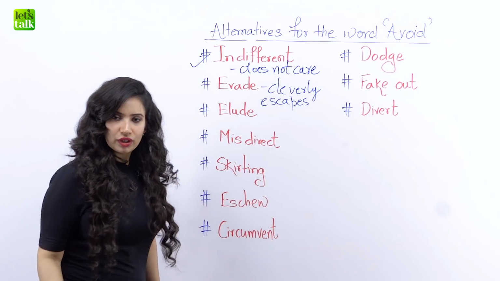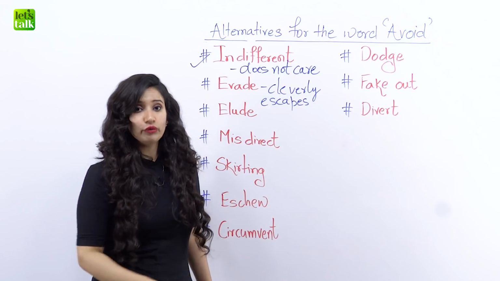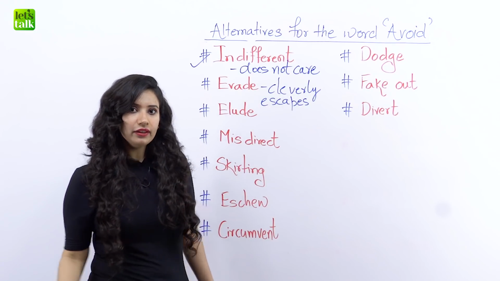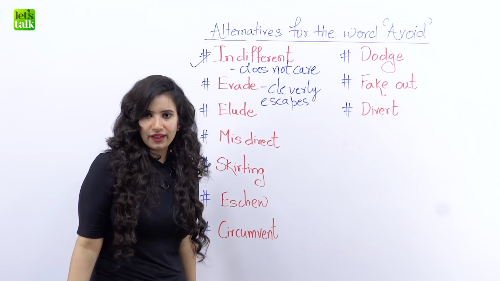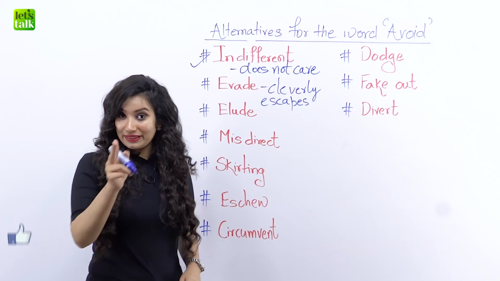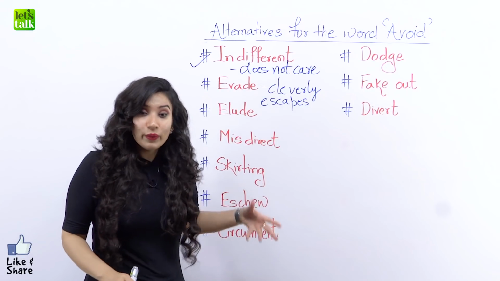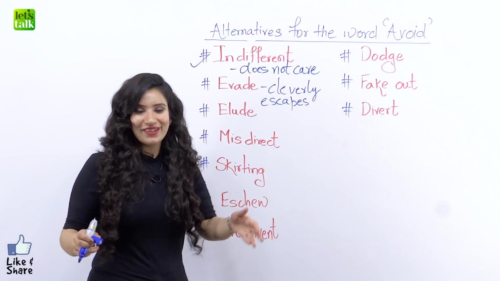How about you having eaten all the cookies in the jar which were at your home, and then your mom comes and asks you, hey, where are all the cookies? And then you try to evade her question, which means you escape her question by quickly switching to another topic. So that's what evading means.